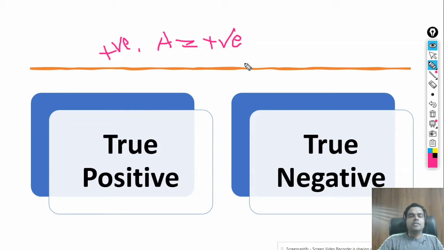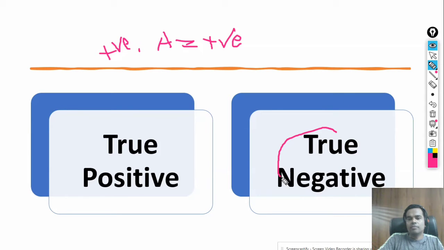So in this case our model predicts the value is positive, and actually the value is also positive, so that is true positive. If we give an example, like a woman is pregnant, and actually she is also pregnant, so that is true positive.